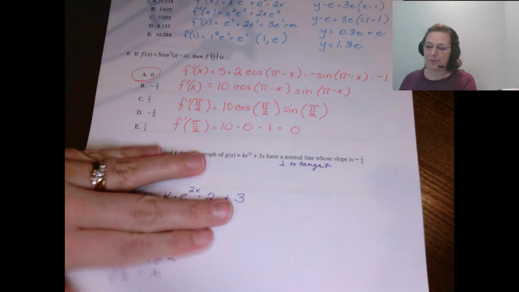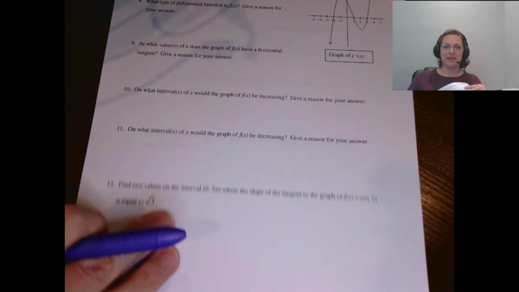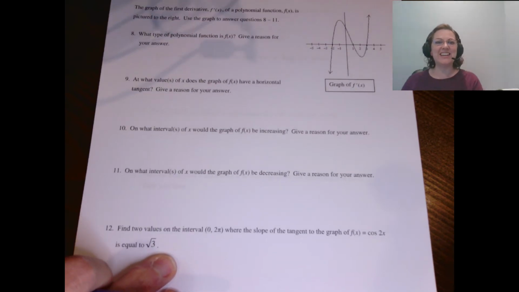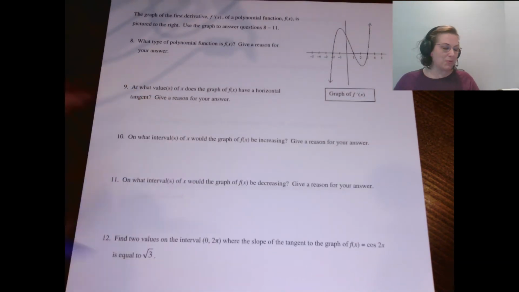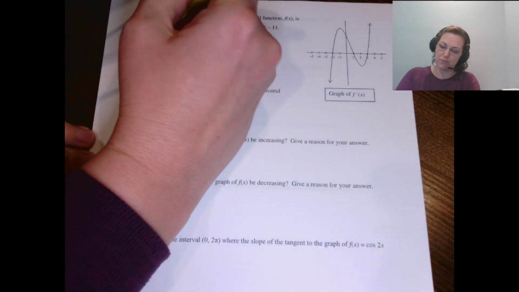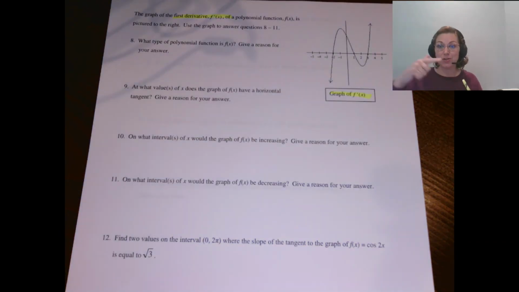Let's take a look at number 8. Hopefully my document camera doesn't fall apart. There we go. All right, friends, very important. Make sure we know we are looking at the derivative graph. That's important. Because later on in the course, we'll be looking at the function, or the derivative, or the second derivative, and we want to make sure we're answering appropriately. So we want to make sure we know what we're looking at. Okay, so this derivative has a max and a min, right?